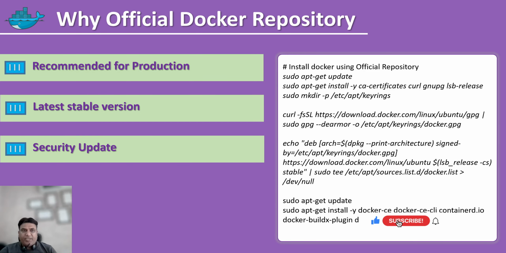Now, security update. As you are familiar, Docker is releasing new versions of Docker with the update of the security patches. So if you follow the official Docker repository, you will always get the latest security update in your Docker version.